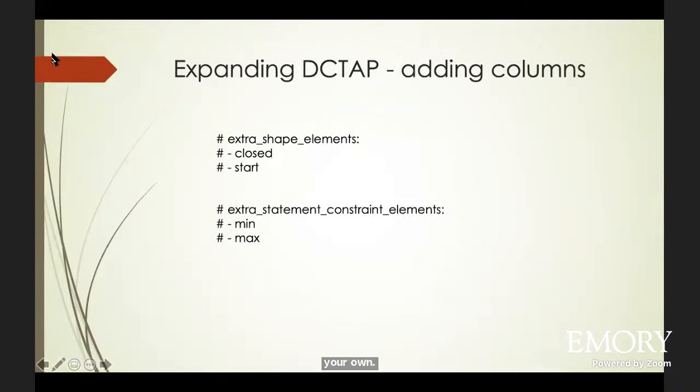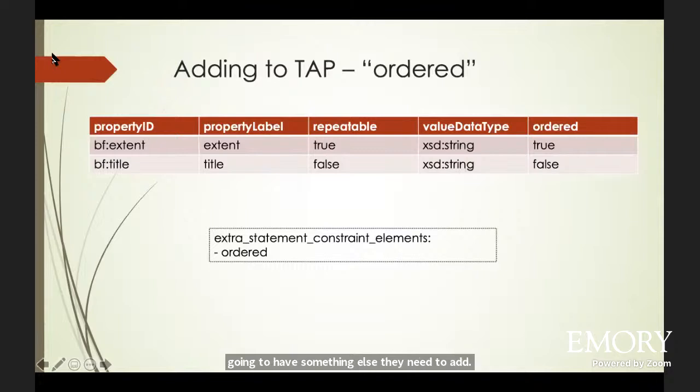Another request that we often get: we have these 12 columns, and we don't really want to expand beyond that if we can help it, because what we want is a very core set of elements for an application profile. But everyone's going to have something else they need to add. So there is a way in this configuration file to add new elements.